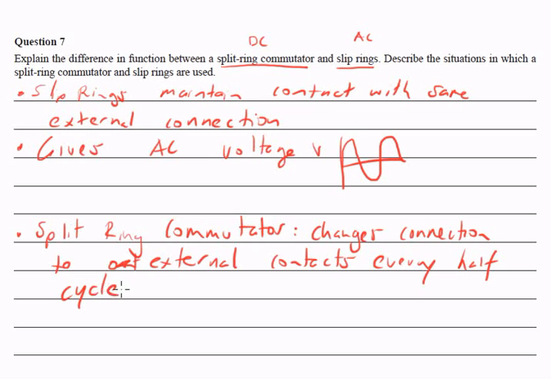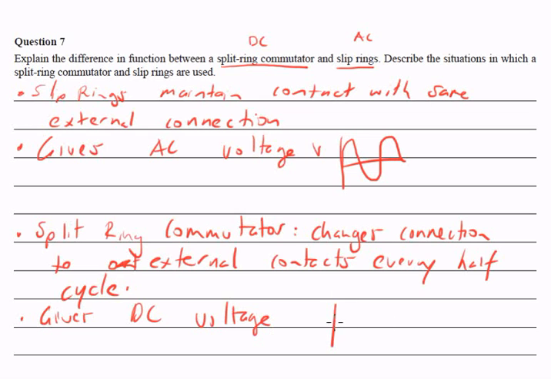It does the opposite of what it does in a motor, where it flips the current every half cycle. This time it changes the connection to the external contacts every half cycle. And what does this do? It gives DC voltage.